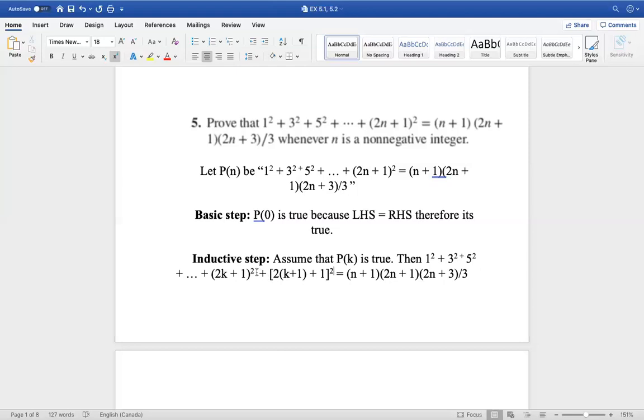So this is what we know, and then the next step, because this is the inductive step, so in the next one, this is going to be the next value. So we assume that this is true for this one as well.